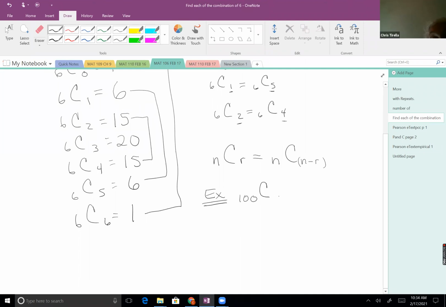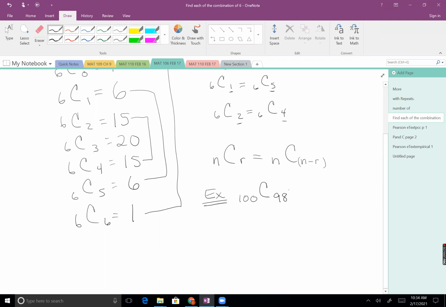But where it would become useful is, let's say, for example, I want you to find 100 combination 98. I'm looking at doing that by hand. I would need to start finding 98 factors, and I don't want to do that by hand. Does anybody want to do that by hand? Multiply out 98 numbers?